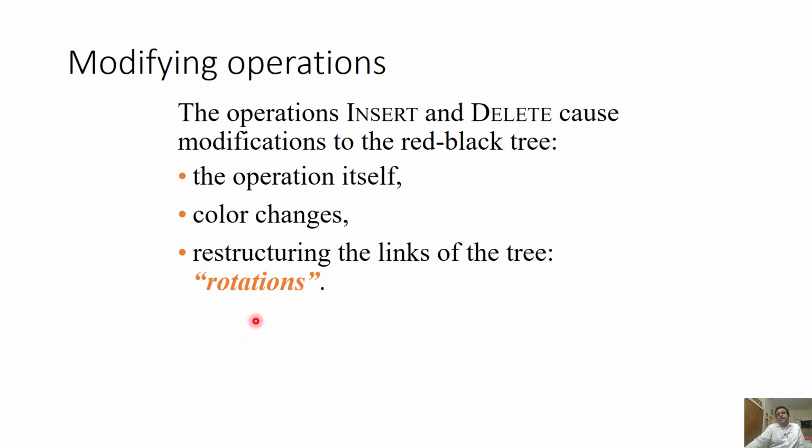And then maybe only changing color will not help us to get back the red black tree. We may have to do some restructuring in the tree. That is called the rotation operation. Only color change may not get us back to a red black tree. We have to do this restructuring operation, that is rotation, that we will discuss.